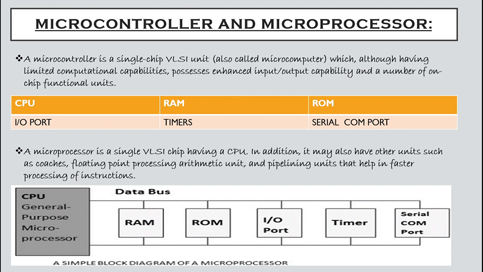The CPU contains an I/O port, RAM, a timer, ROM, and a serial COM port. The microprocessor is a single VLSI chip having a CPU. In addition, it may also have other units such as caches, floating point processing arithmetic units, and pipelining units which help in faster processing of instructions.